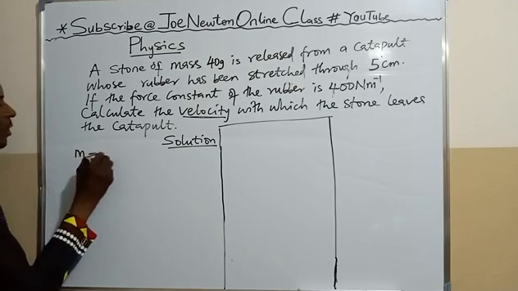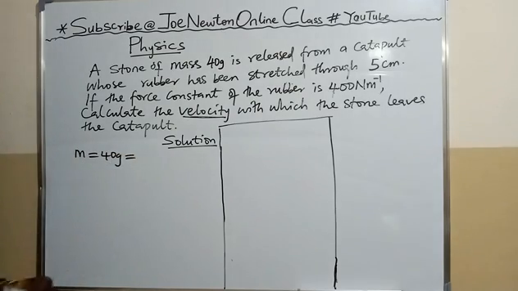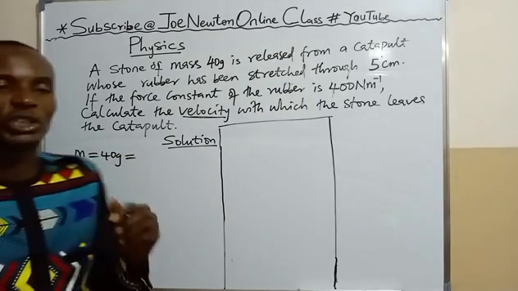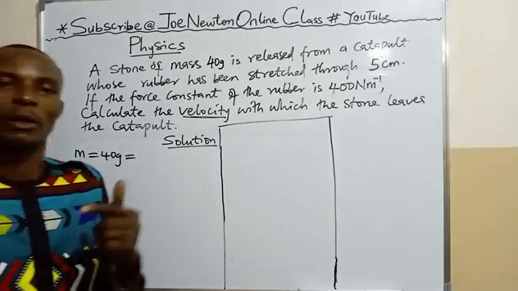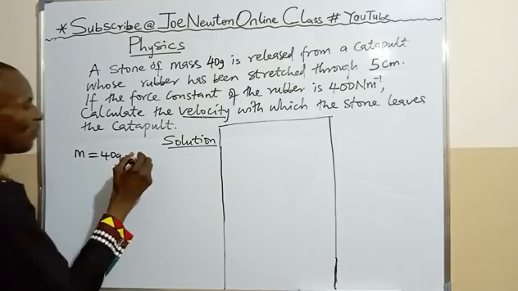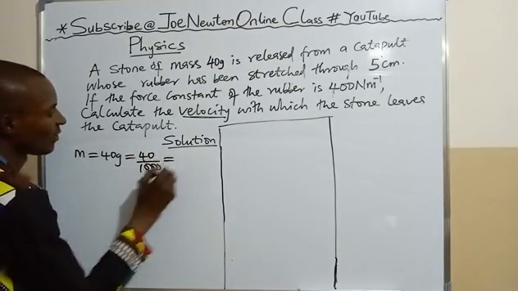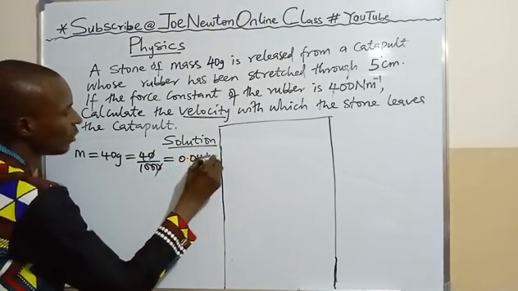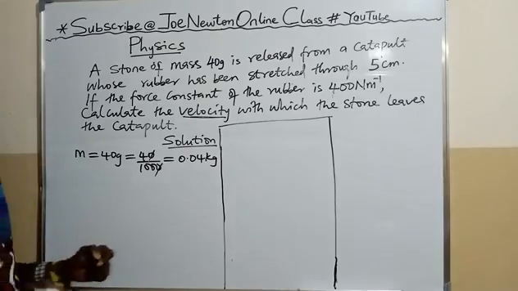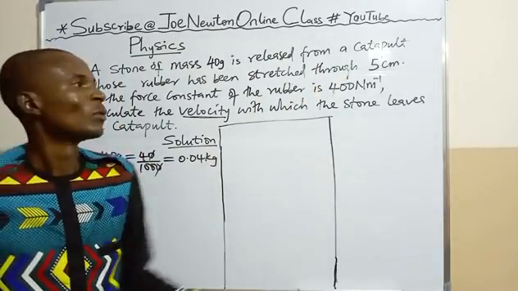Mass M equals 40 grams. This 40 grams is not in the standard unit. We have to change it to kilogram. And recall that 1000 grams gives 1 kilogram. Therefore, we have 40 over 1000, which is equal to 0.04 kilogram. Then for the extension, the catapult was stretched through 5 cm.